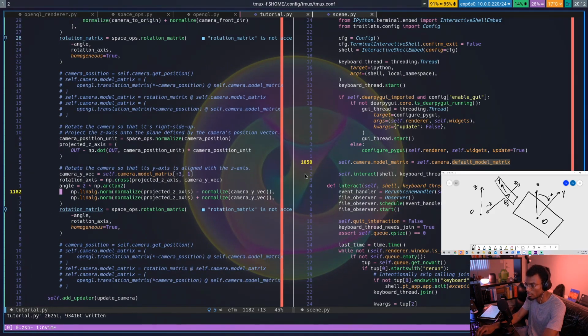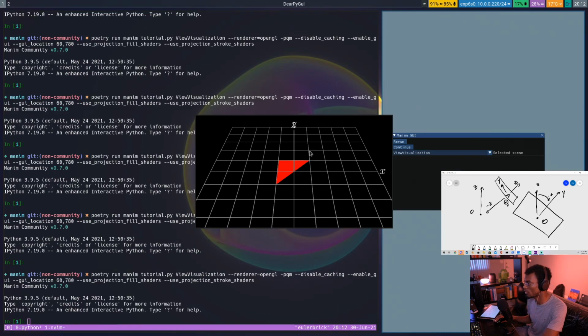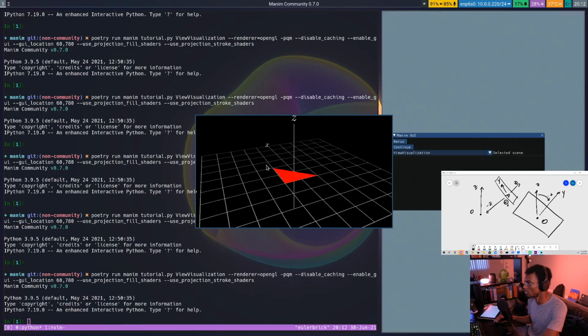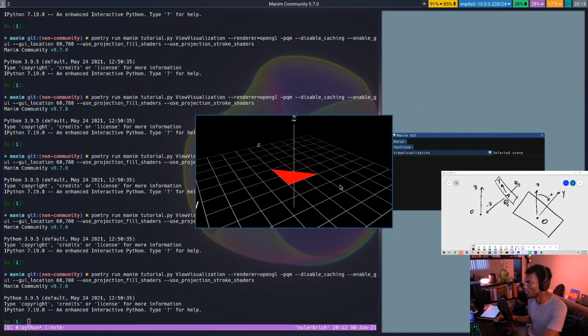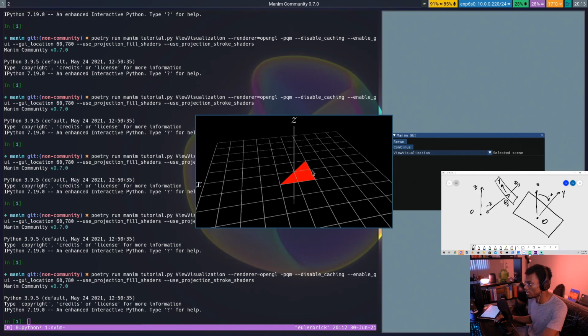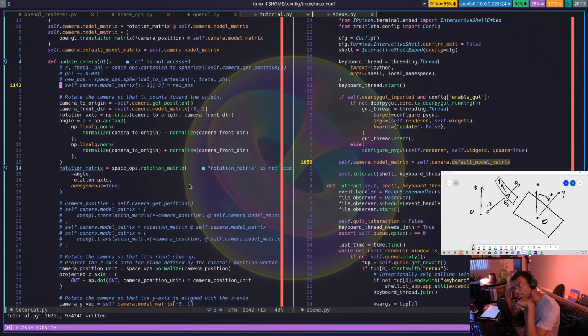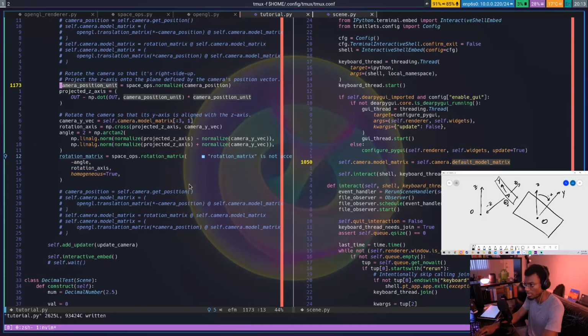Where? I just dragged the mouse. That doesn't happen. But if I do it in the updater, then it does do something weird. This is from updating the camera's model matrix. I guess that would make sense, since the camera's model matrix is passed to everything.